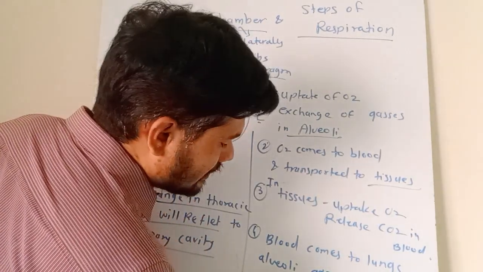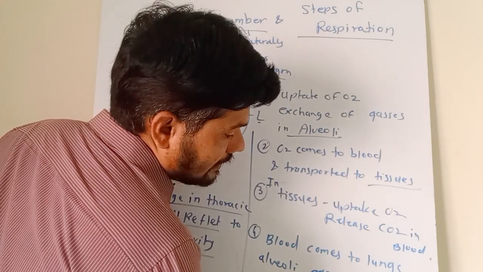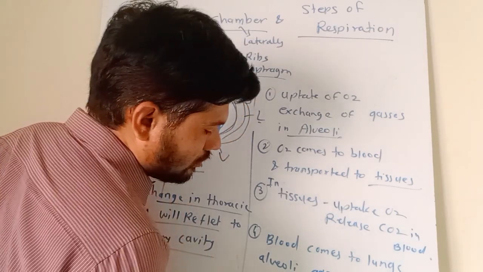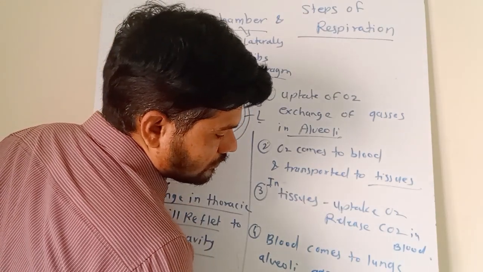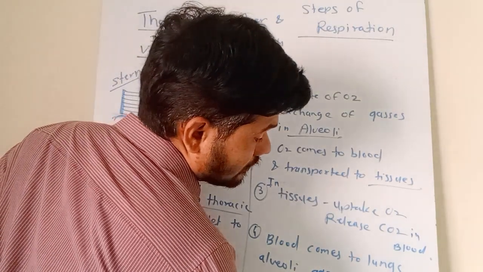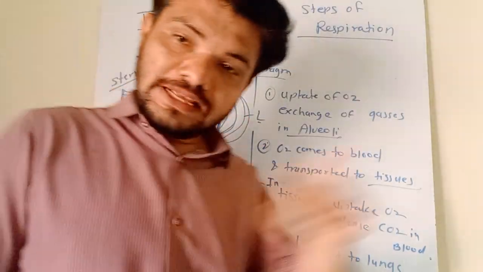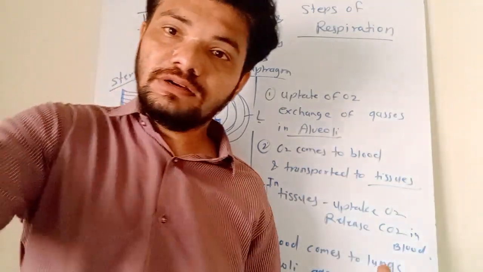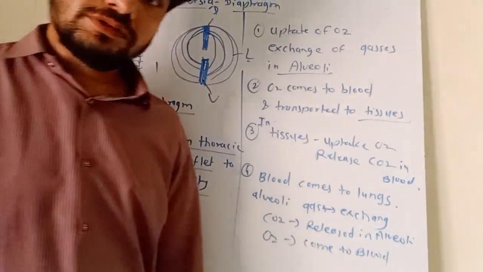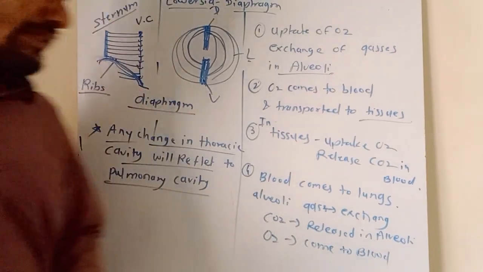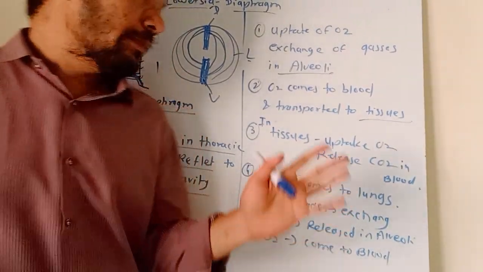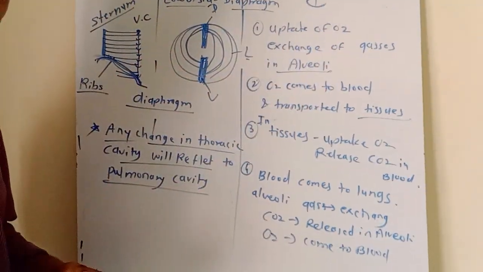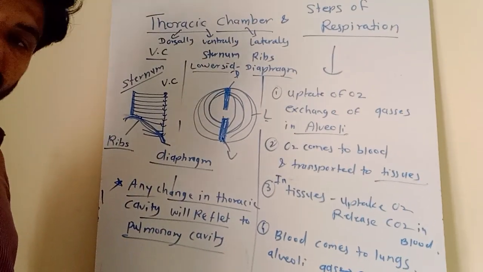So CO2 will be released in alveoli, and O2 will come to blood. And again this CO2, by the same path but in reverse, will be released outside the human body. So I hope it is clear now. These are the steps you have to remember in respiration, and this is your thoracic chamber.